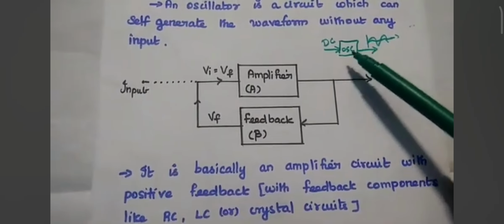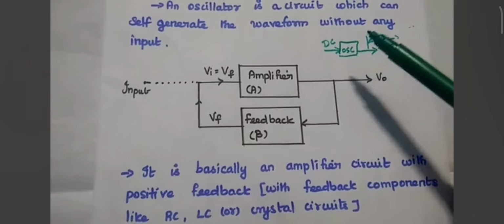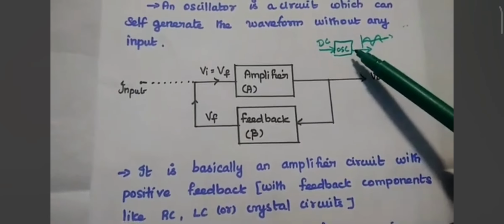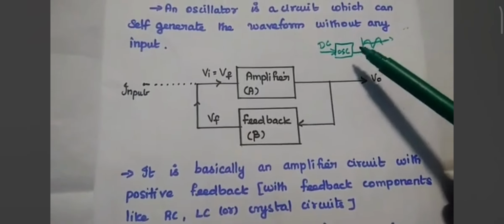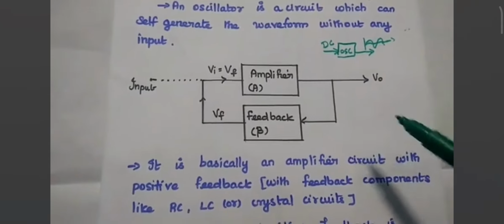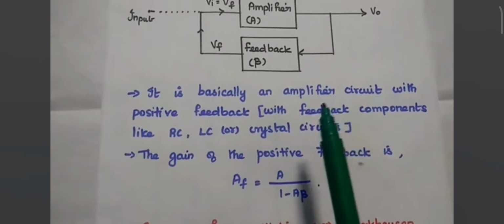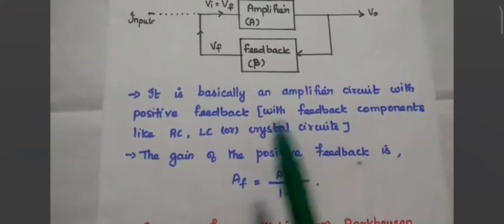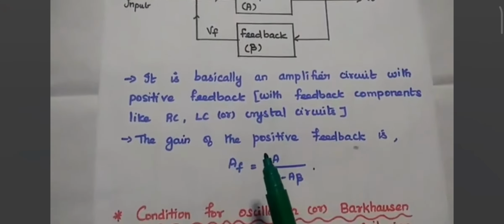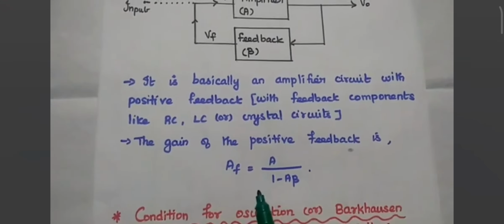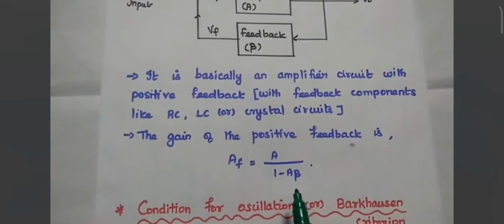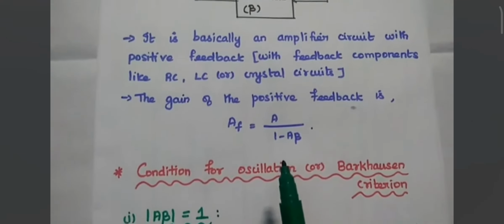We are simply giving the DC supply voltage which is required for the operation of active devices used in this electronic circuit. Do you all understand this concept? So oscillator is basically an amplifier circuit with positive feedback. The gain with positive feedback is AF equals A divided by 1 minus A beta.